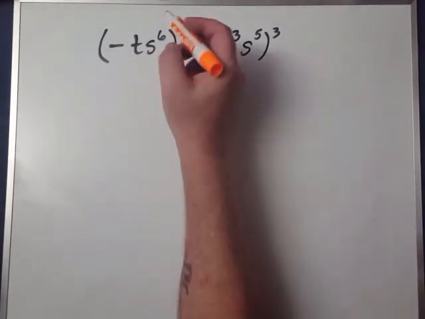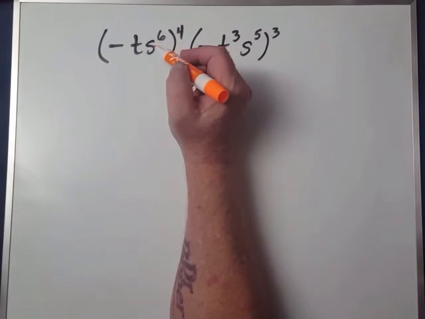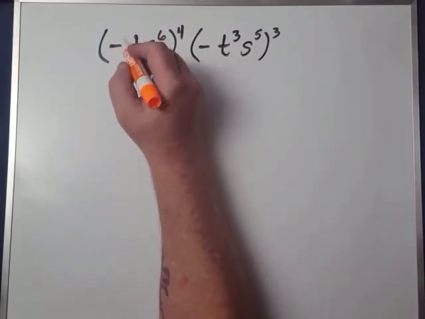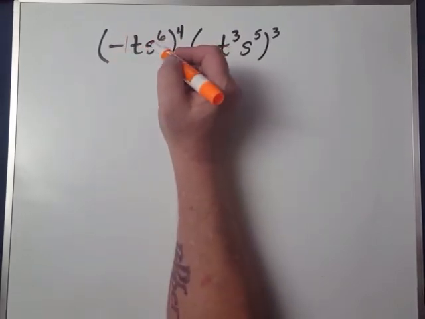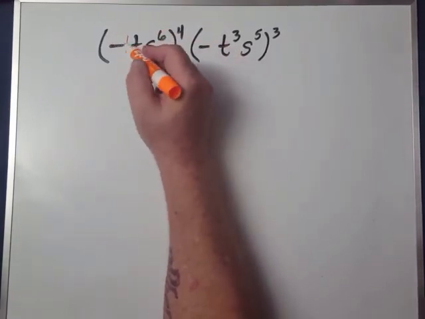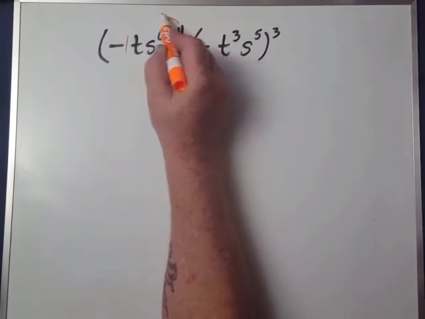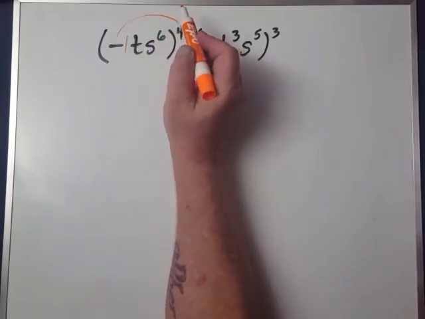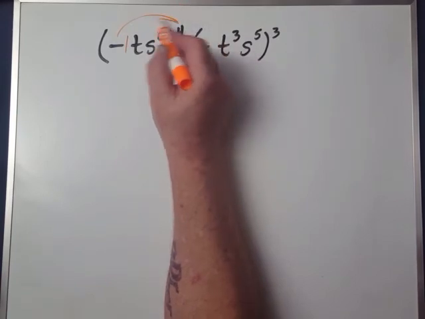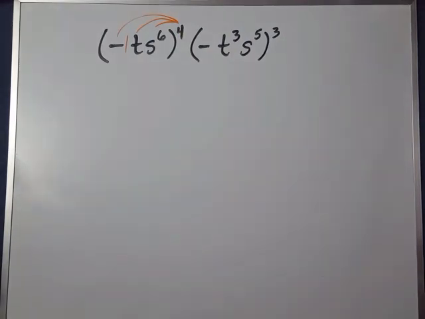As I go to distribute my power in on these products, I want to think about this negative as a factor of -1. You can't see the 1, but I want to think of it as a factor of -1. So we're going to raise this negative to the 4th power, and raise the t to the 4th power, and raise the s to the 6th to the 4th power.